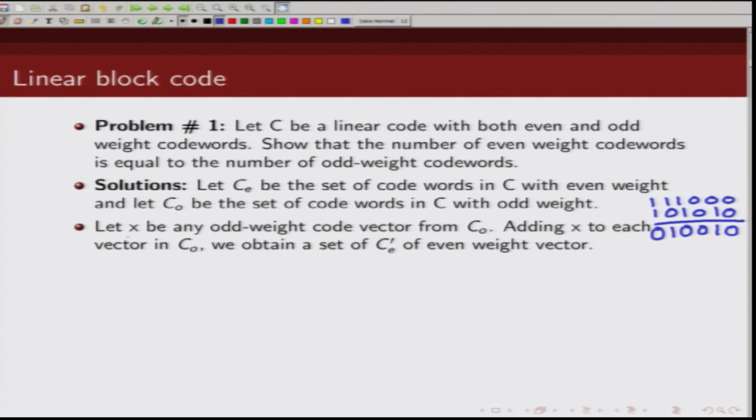So when I add X, which is an odd weight code vector, to each of the elements in this set C_O, what I get is a set of even weight code vectors, and let us denote that set by C_E prime.